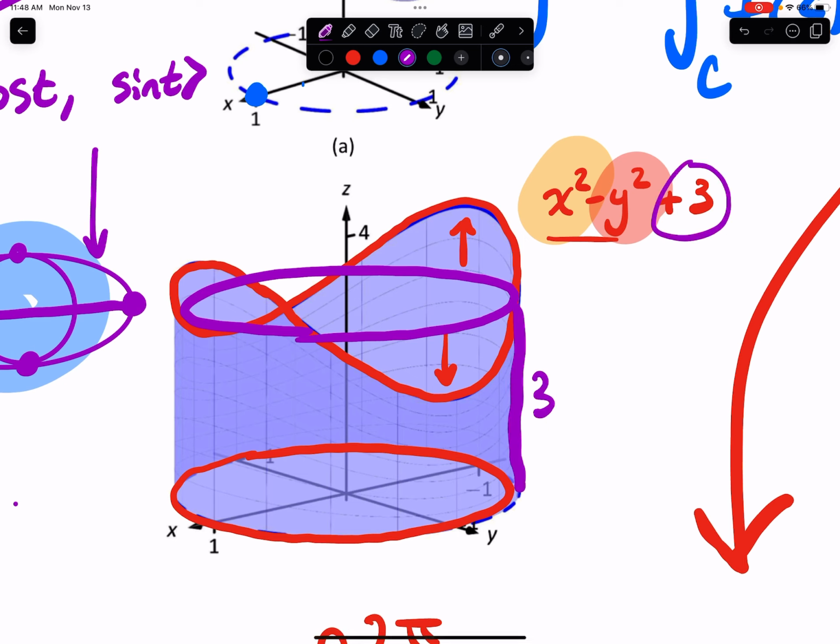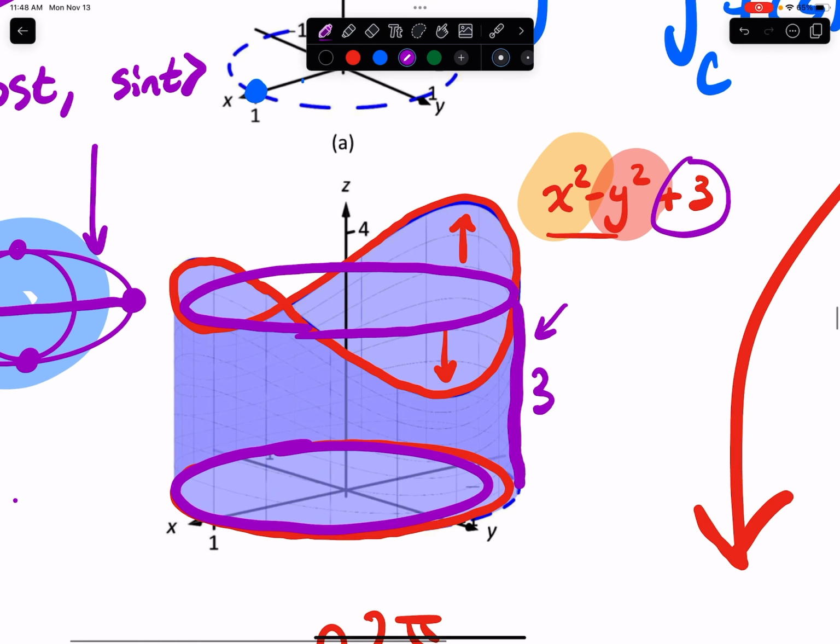So how do you find this here? That area of this shape here, if you think about it, it's just like the side of a cylinder. So the side of a Coke can. So what is that? Well, that would be, if I could find the perimeter of that circle, which is a unit circle, has a radius 1.